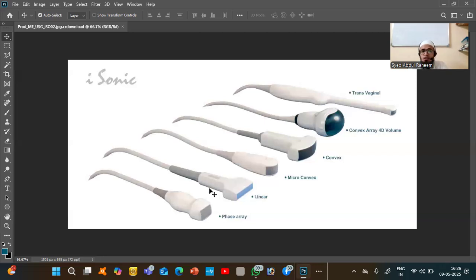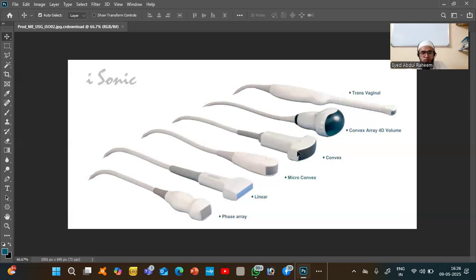All these are done by the linear probe. Next, the second is curvilinear, which we also call convex. It is mostly used for gallbladder, kidney, liver, uterus, ovary, aorta. So these are internal organs related.